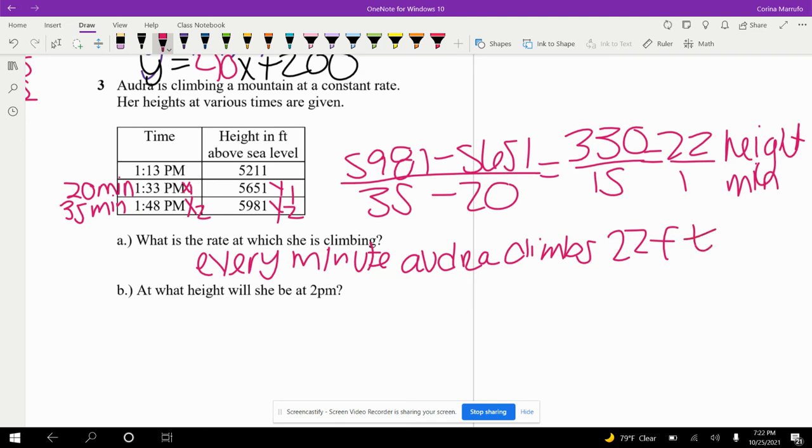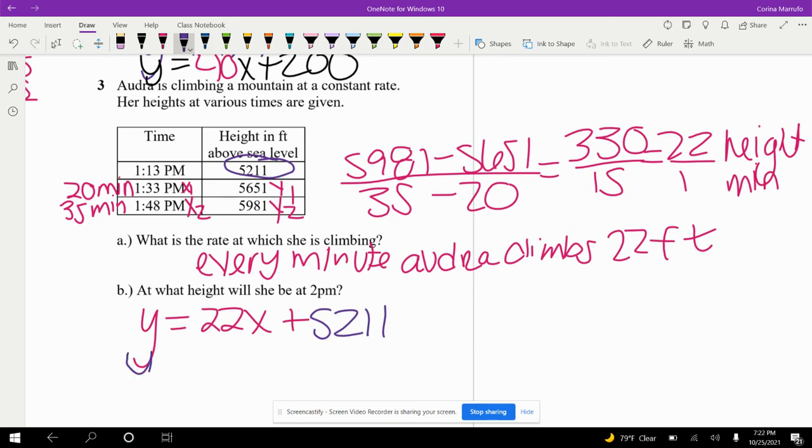Okay, at what height will she be at 2 p.m.? So I'm going to write this equation. The equation is y equals mx plus b. We already know that the height is 22x plus b, and the b is the starting height. So we are starting at 5211.